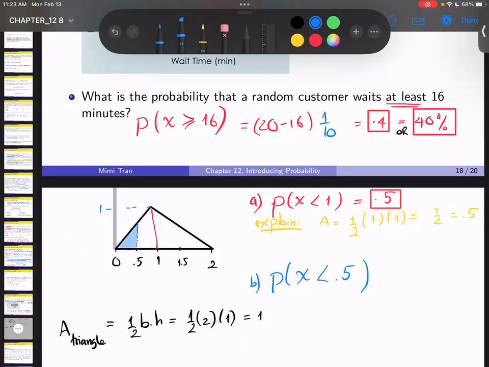When I say integral, it means area under the curve. So we have to use the formula: 1/2 base times height. What is my base?